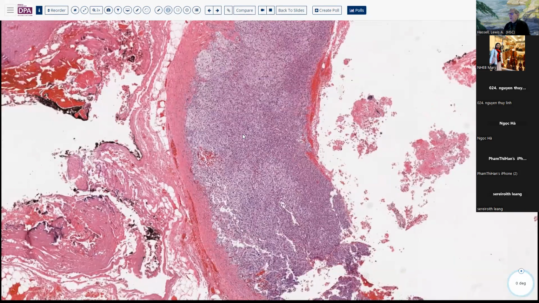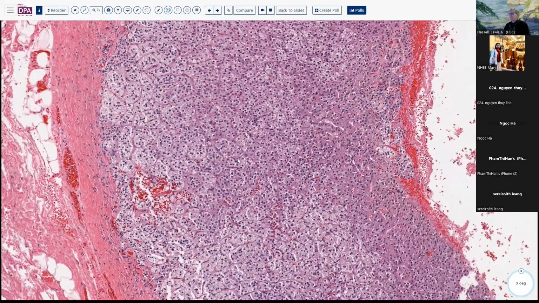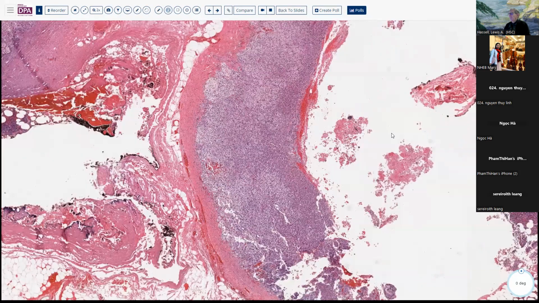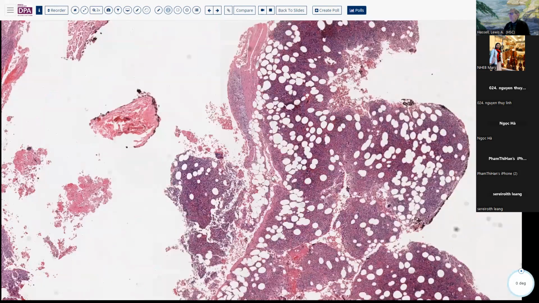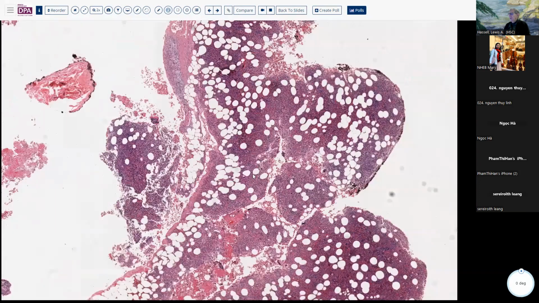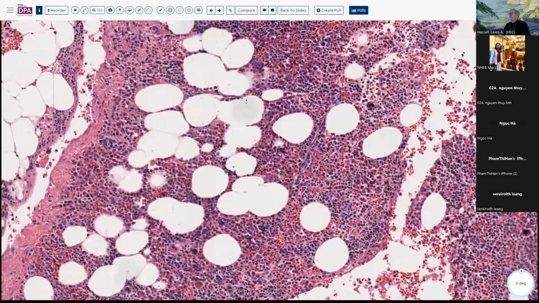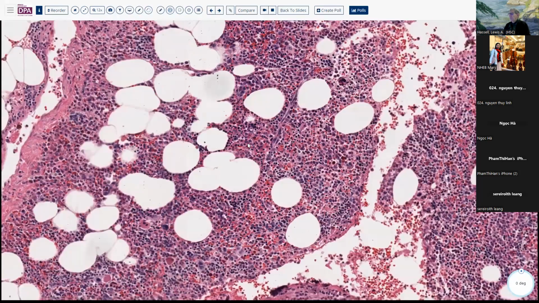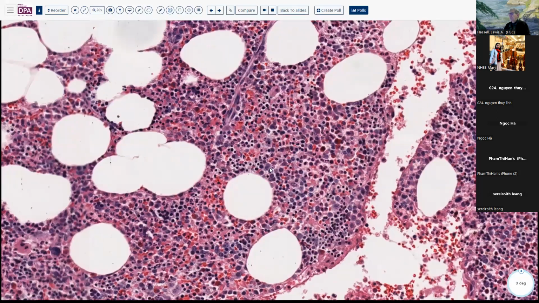And you can see here the cortical nests of cells, typical endocrine cortical cells. And within the adrenal, we had this lesion, which has fat in it, and a variety of cell types, which look very much like bone marrow.